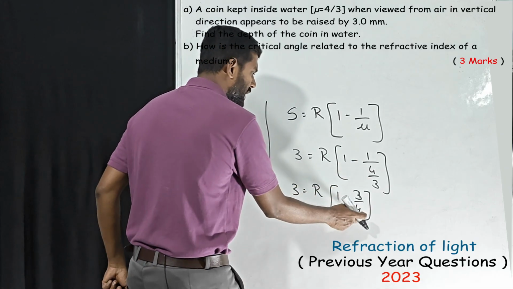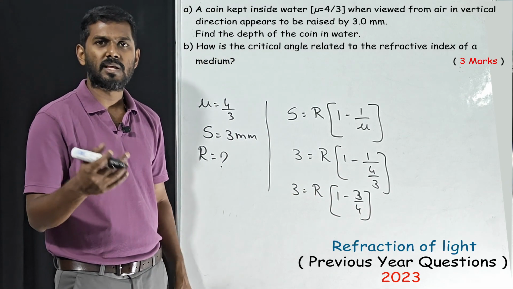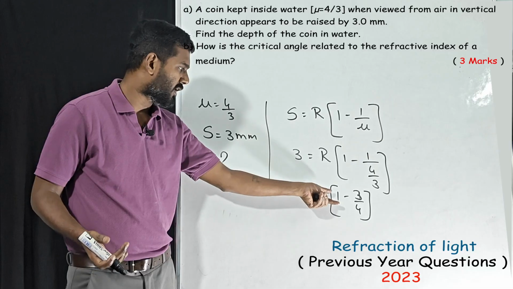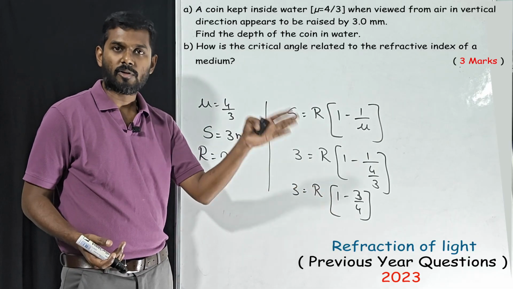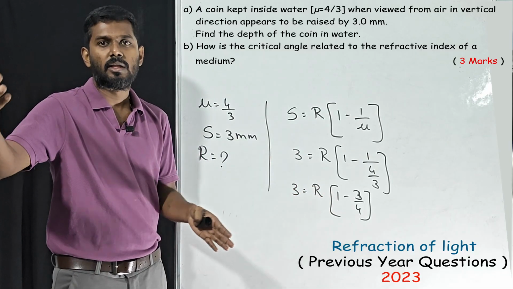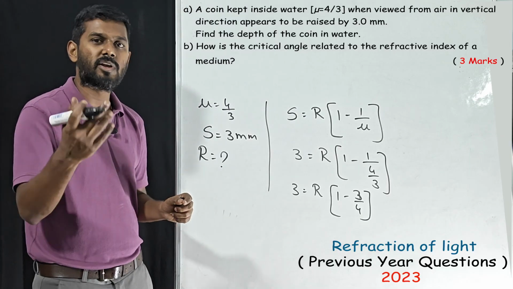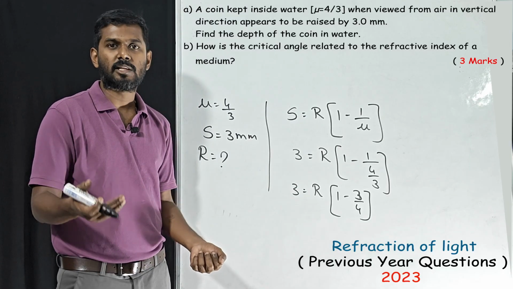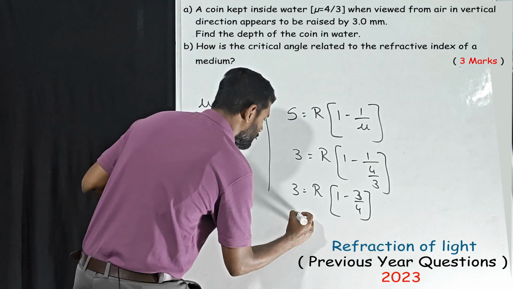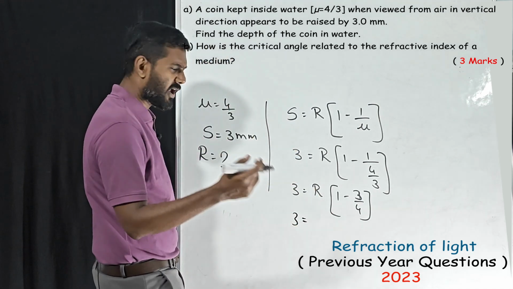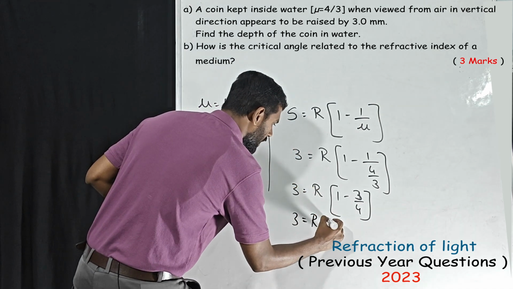Now what is 3/4? 3/4 is 75%. What is 100%? From 100%, if you take 75%, 25% will be there. What is 25% in fractions? That is nothing but 1/4. So you can go for any type of calculation.